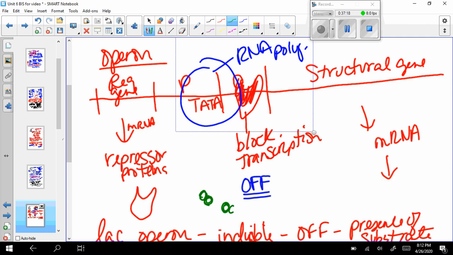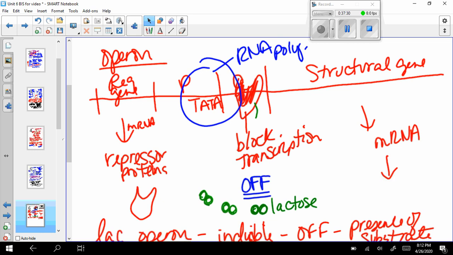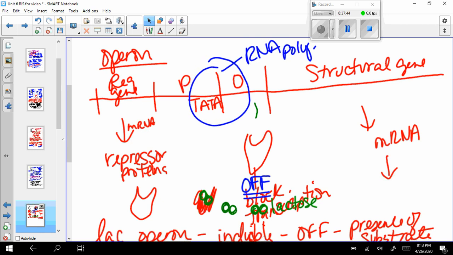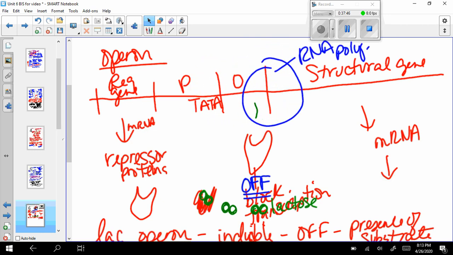So I'm going to start adding my substrate. And I'm drawing it as a double ring because lactose sugar, so this is lactose, is a disaccharide. And what happens is this, oh, I need to grab the little thing. Okay, this is going to move out of the way. And so if it moves out of the way and it goes over and it binds to the lactose that's now present instead, now my RNA polymerase can start working.